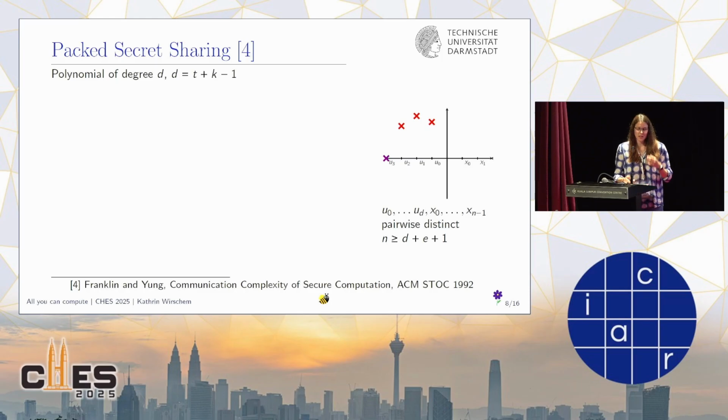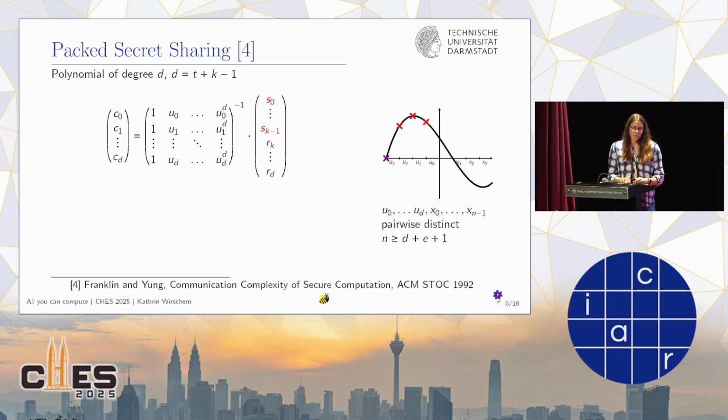So what's that? In this case, we need to make the degree of the polynomial a bit higher. So instead of choosing the degree to be T, we choose it to be T plus the number of secrets we want to have, K, minus 1. Then we can set the secrets to be evaluated points of the polynomial, as well as choose some randomness. We interpolate all of this to obtain our coefficients, again, C0 up to CD.